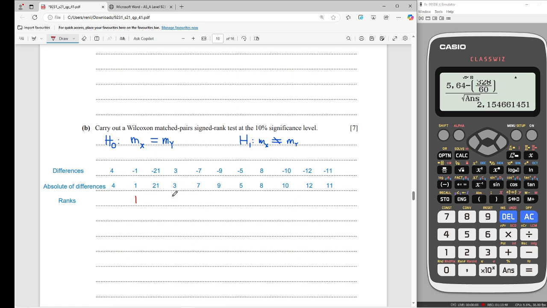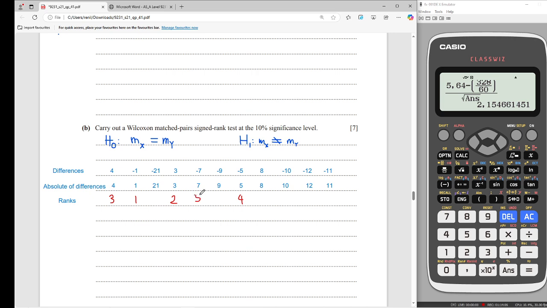So the ranks are going to be, for the first one, the lowest value becomes 1. Then the next lowest value is 3. Remember, we don't take signs into consideration just yet. Then 1, 3, 4. Then we have here 5. Do not confuse between the 3 here and 4 here. We're just putting them in ascending order, so don't confuse yourself with this.